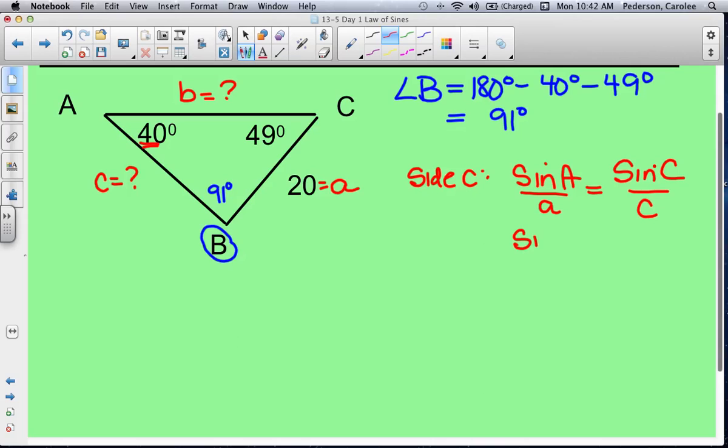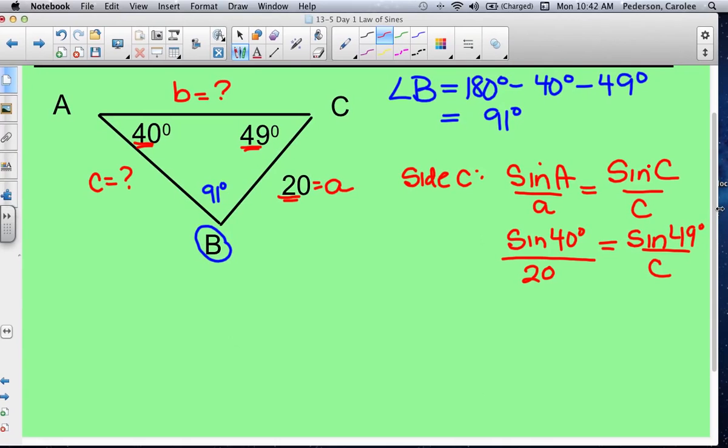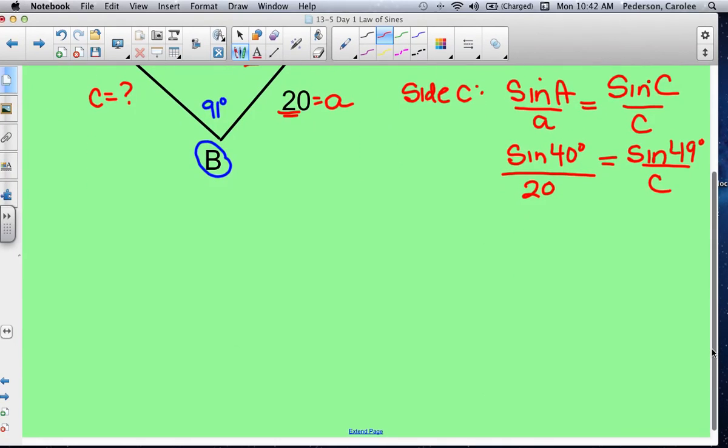So we say the sine of 40 degrees over A, which is 20 units, equals the sine of C, 49 degrees, over our unknown side C. Now we have a fraction on the left and a fraction on the right, so we use cross multiplication. So we say C times the sine of 40 degrees equals 20 times the sine of 49 degrees.